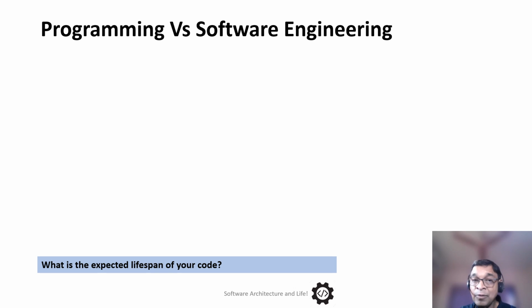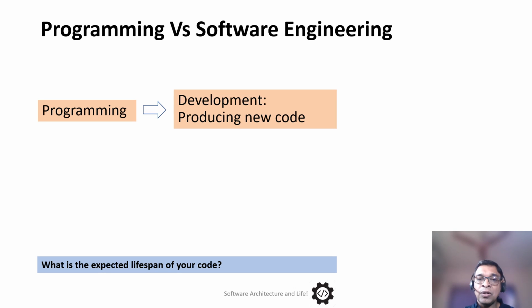Before we talk about the principles, let's understand the difference between programming and software engineering. Programming is about producing the code to achieve the functionality. You're not thinking about maintaining that code for years. Now think about the code you have written in your college days as an assignment.